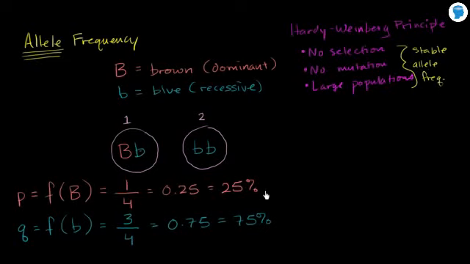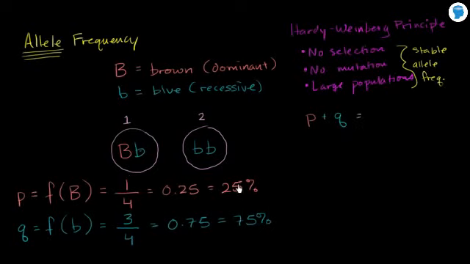Now, based on that, we've already seen if we take the frequency of the dominant allele, which we can denote with P, and to that we add the frequency of the recessive allele, let me be very careful here, what's that going to be?